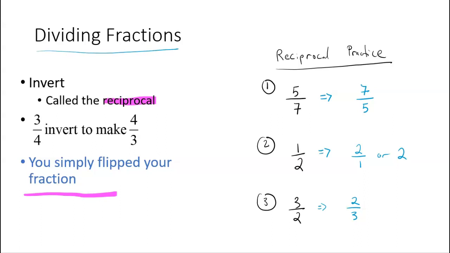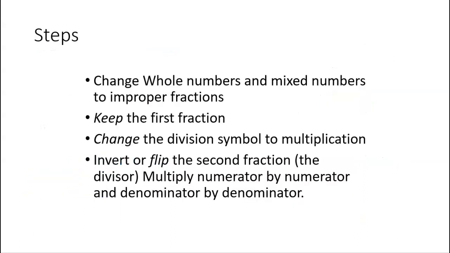So I've come up with some steps in order to help you. So here are our steps. The first thing you're going to do is you're always going to change any whole numbers and mixed numbers to improper fractions. Okay, that's the first step. You're going to keep the first fraction the same. Never change the first fraction.